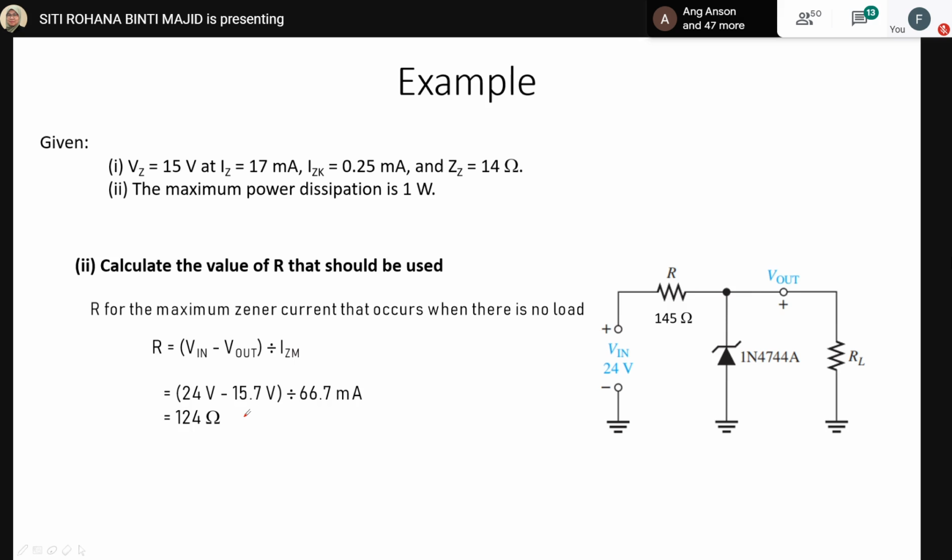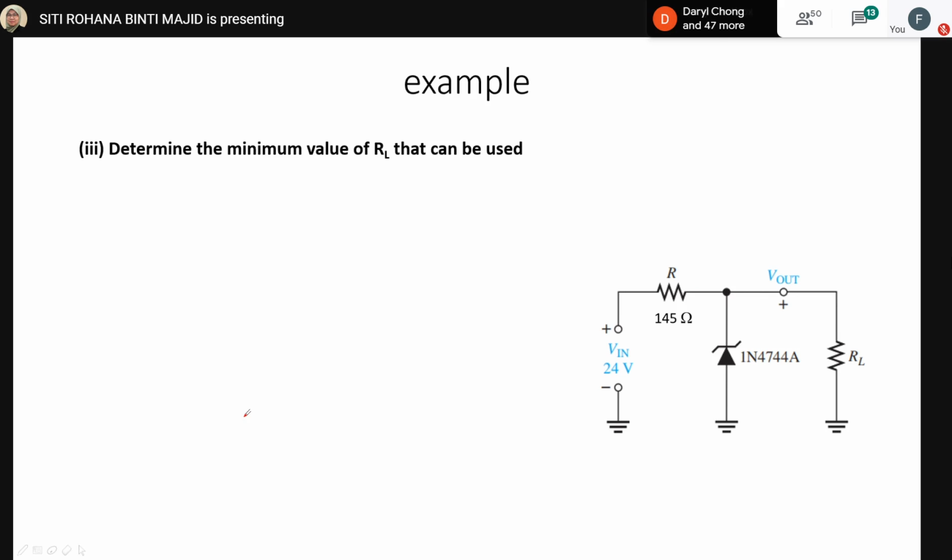So without load, this value R equals 124 ohm refers to the resistance at maximum Zener current without load.